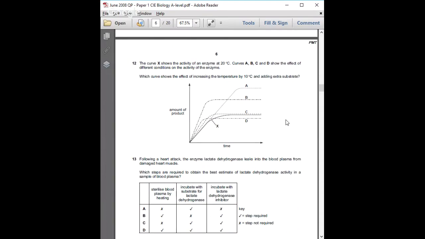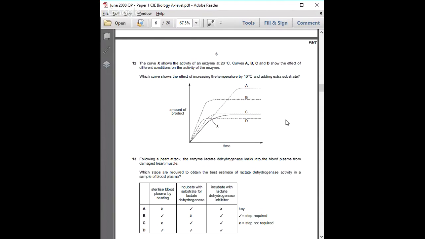But also, if you look at all of the different initial rates for each of these lines, the only options you have are either the same rate or an increased rate. For line A, you have the same initial rate as line X, but for B, C, and D, you have an increased initial rate of reaction compared to X. So the choice in terms of initial rate change is that it either has to stay the same or increase.